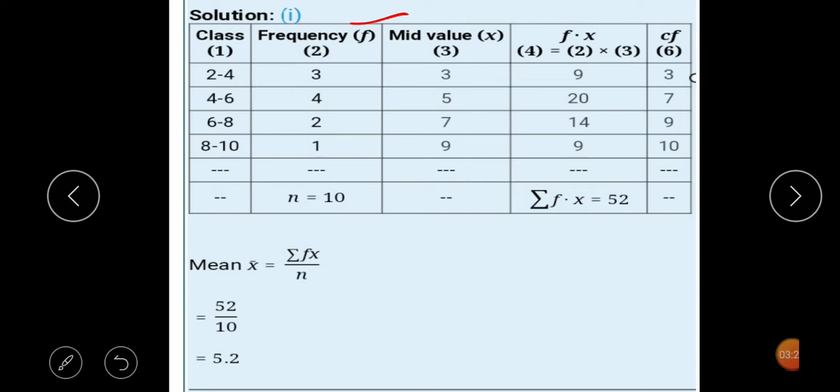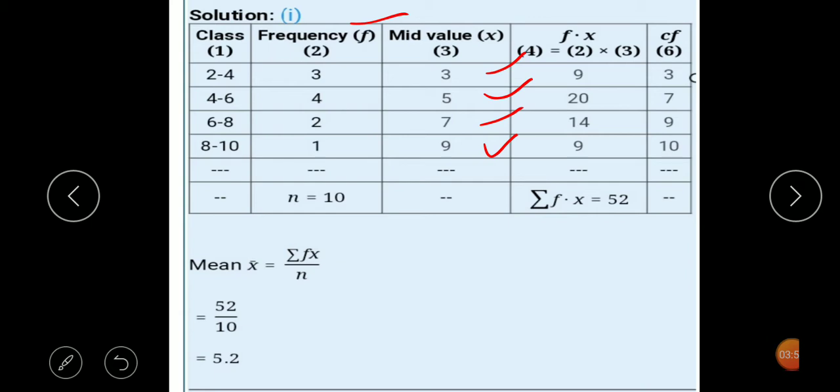Mid value means the class mark, which is the midpoint of the class intervals. The class intervals are 2 to 4, 4 to 6, 6 to 8, 8 to 10. Their midpoints are 3, 5, 7 and 9.